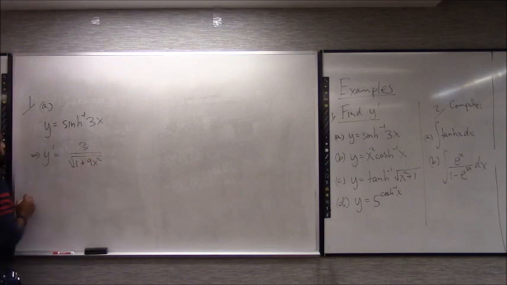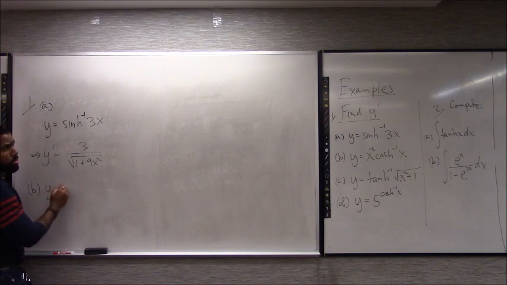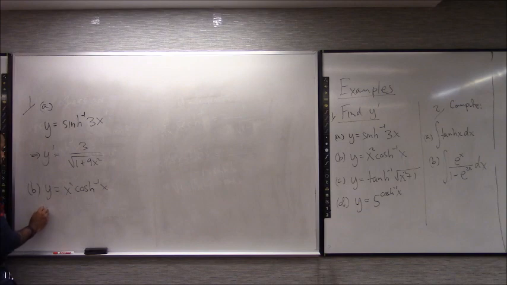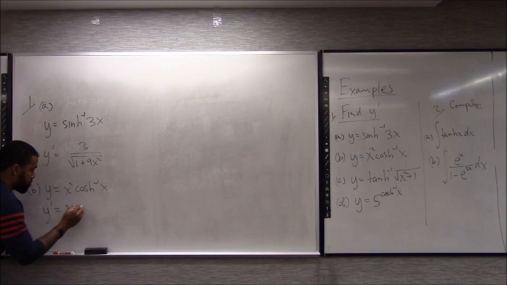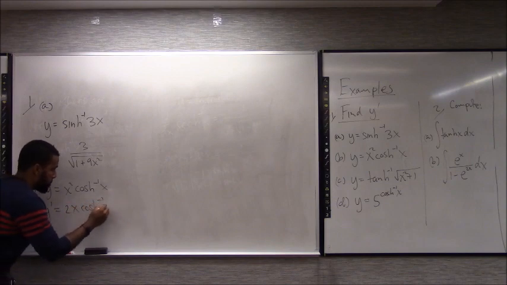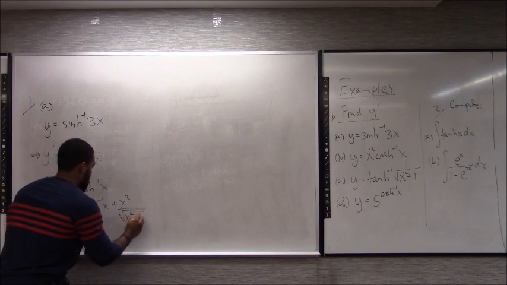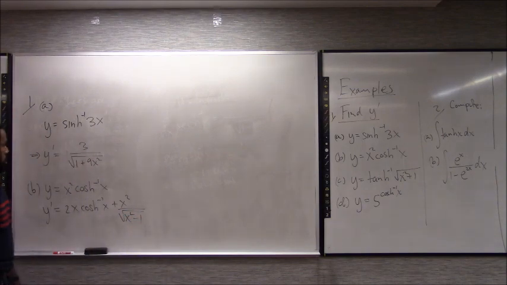Yes. The derivative of x squared times the cosh inverse of x: 2x cosh inverse plus x squared over the square root of x squared minus 1. Yep.